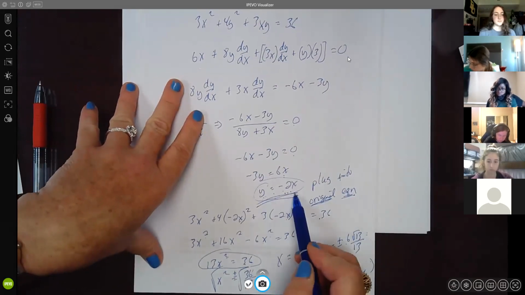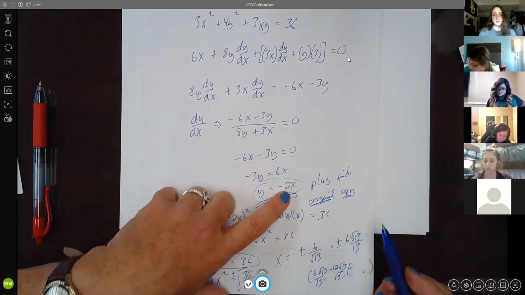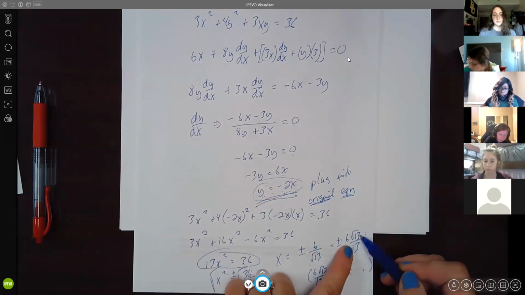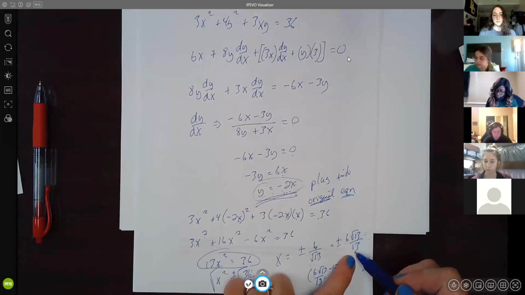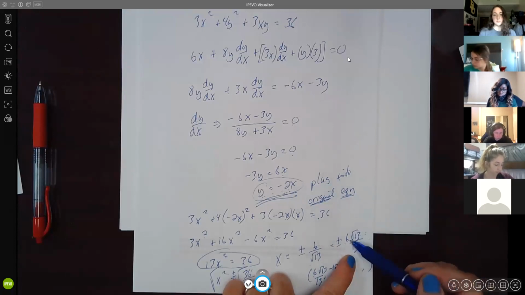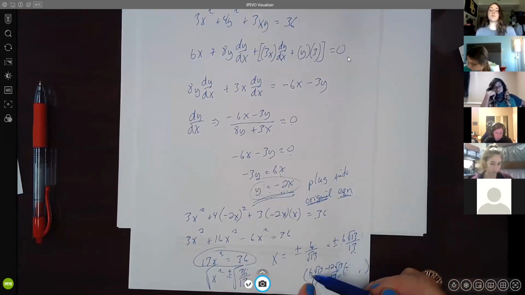So just using this, if y equals negative 2 times x, and x is, say, positive 6 root 13 over 13, well, negative 2 times that would be negative 12 root 13 over 13. So one of your ordered pairs would be 6 root 13 over 13, negative 12 root 13 over 13. You get the idea, guys?